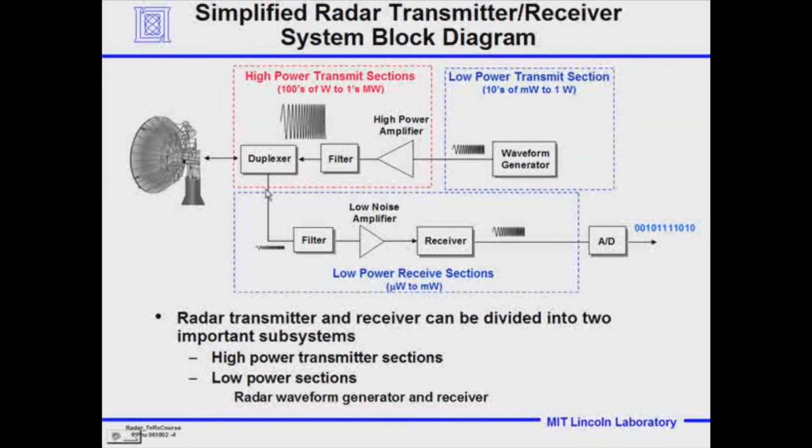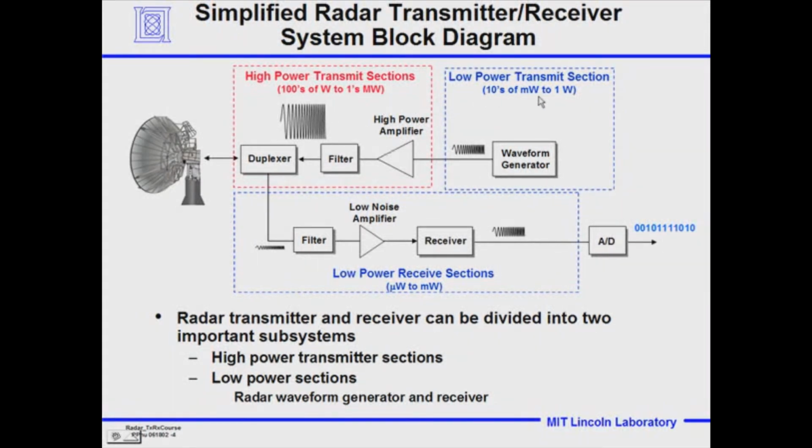And this just gives you an idea of the size of the signals. The waveform generator signals are very small to begin with, tens of milliwatts to a watt, and then after we upconvert them, there will be a very high power transmitter section where we'll amplify the signal very strongly.